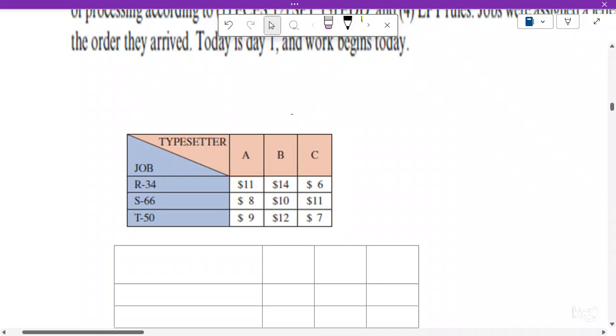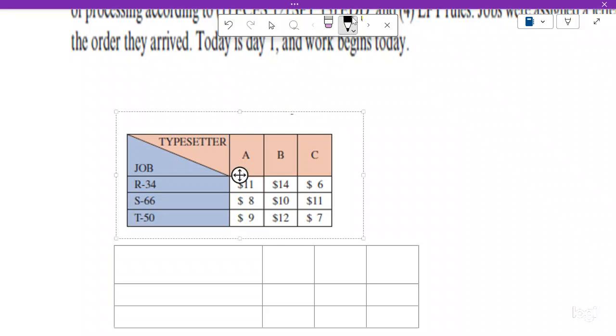The typical example, they will say assign. This is more like assigning. Then first step, you go across looking for the smallest value, né? So first task, you say A, B, C. What is our smallest value horizontally here? 6. 6 minus 6. 14 minus 6. 11 minus 6.